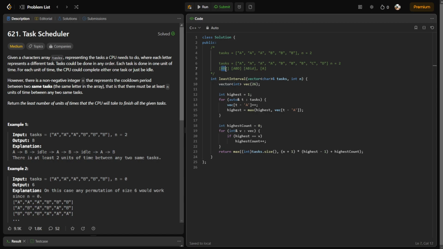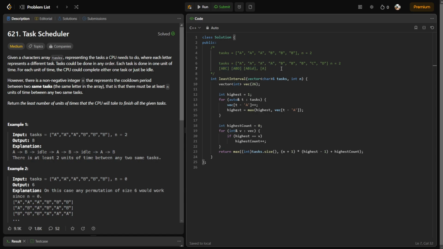You can see it's the same thing, but now A, B is the highest cycle: A, B something, A, B something, A, B something. In this case there would be 4 A's, which is 4 minus 1, which gives us 3.